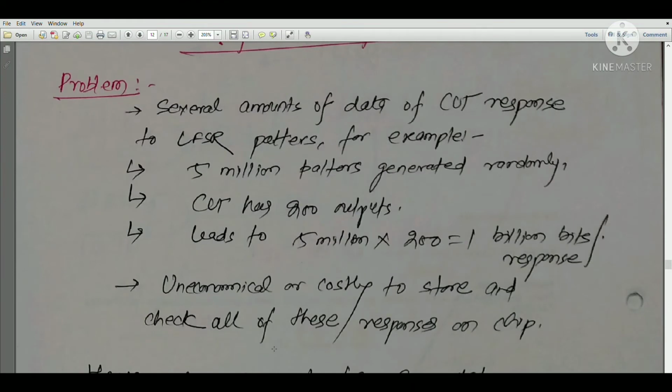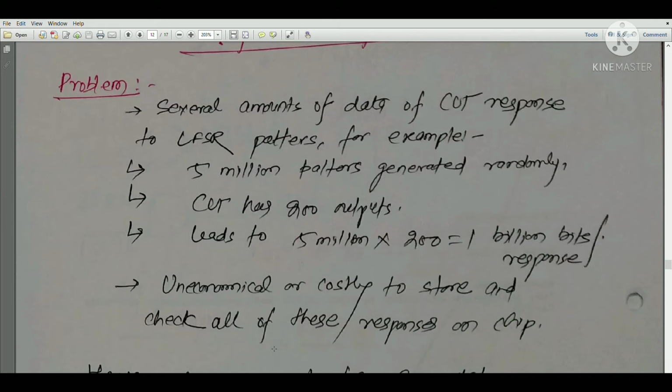First is the large amount of data of CUT response to LFSR patterns. We have generated so many test sequences, and that has been applied to CUT to test that using the LFSR. Now 5 million patterns generated randomly. CUT has 200 inputs. These are the different cases. Suppose 5 million test patterns were generated. Suppose CUT has 200 inputs. It leads to 5 million into 200 equals 1 billion bits response.